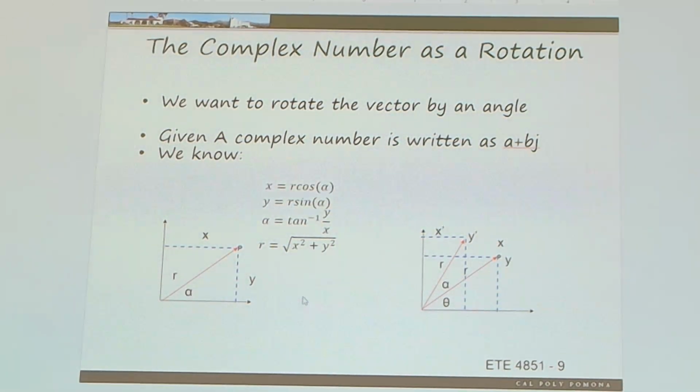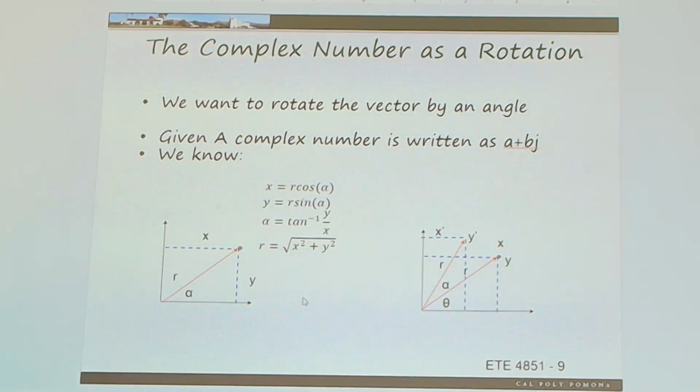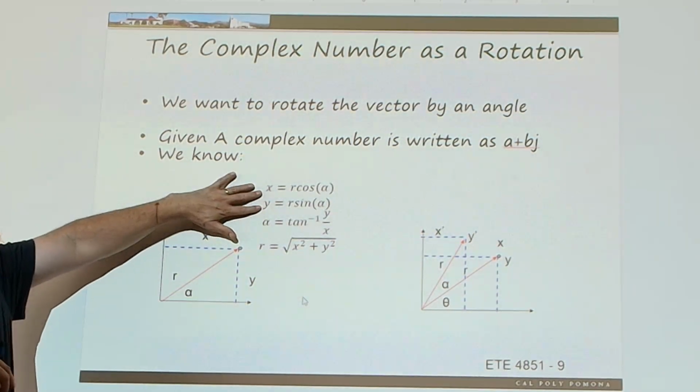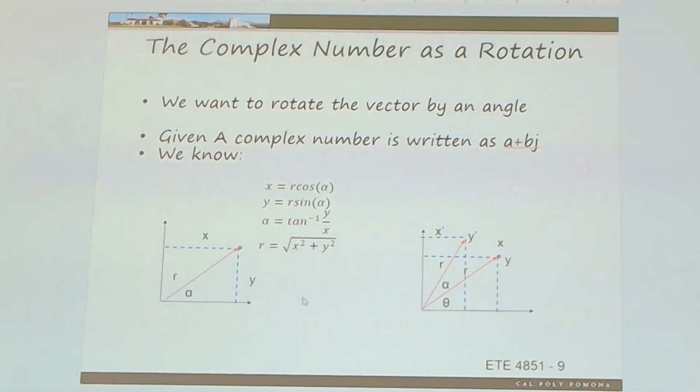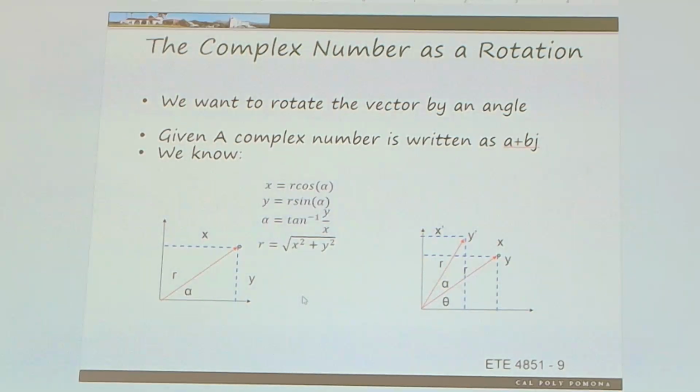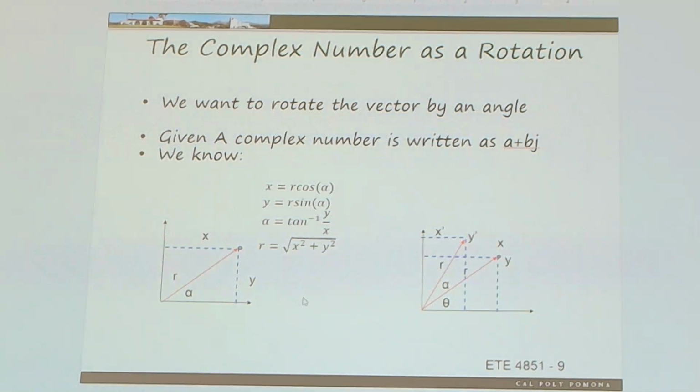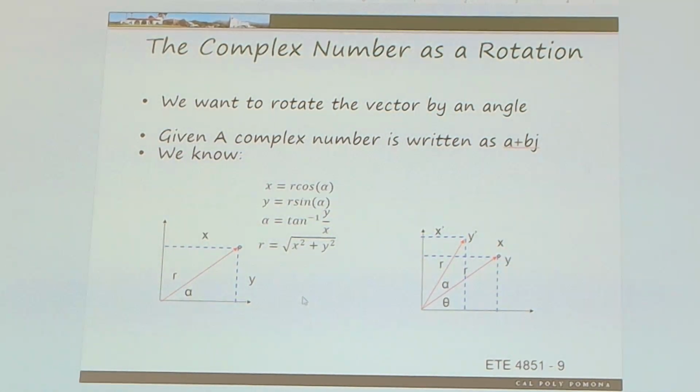So, suppose we want to rotate by some angle. Given that A is a complex number, that we're going to call A plus Bj. That's fair? And we know all the relationships from complex and the polar notation and the Cartesian notation of A. Everybody with me on this so far? I know in controls this is where some of you get lost.